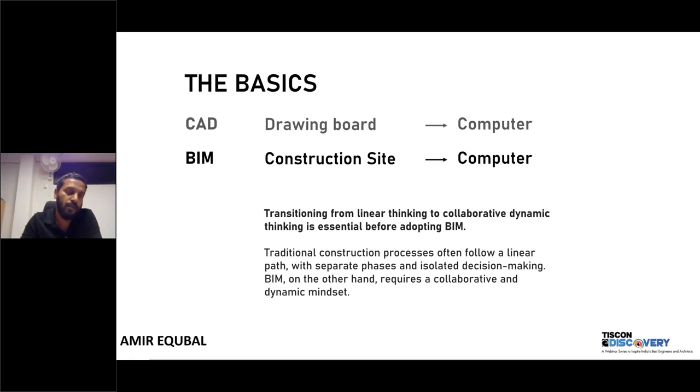Now the shift is that you are talking about the whole construction site, the whole building with construction site and time and all other building components, be it your climatic considerations, its geometry, its material property, everything is out there inside your model.